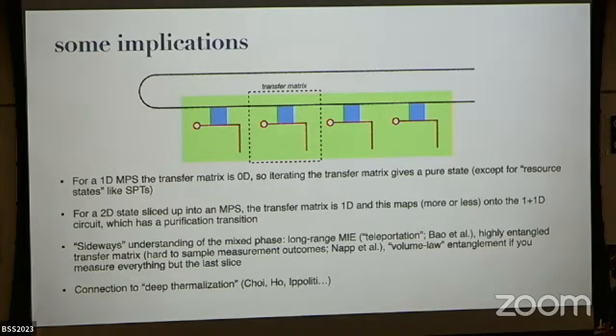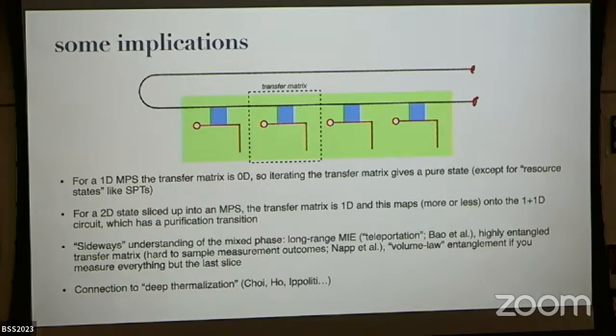But even in one dimension, there are special examples of states for which this entanglement remains non-zero at arbitrarily late times. The best examples are the cluster state, the AKLT state, or some other SPT state that has some kind of non-trivial correlation.